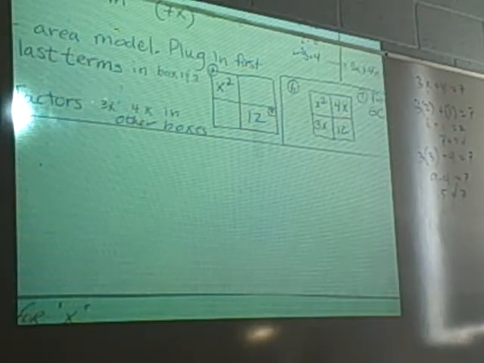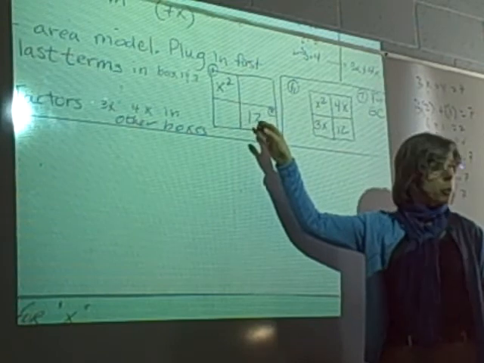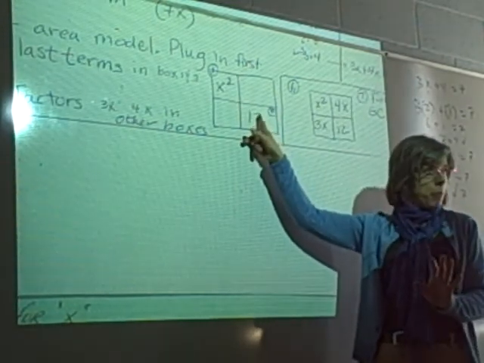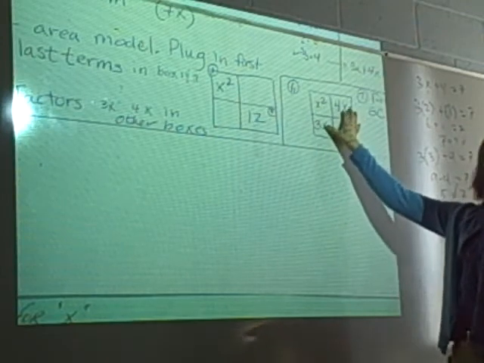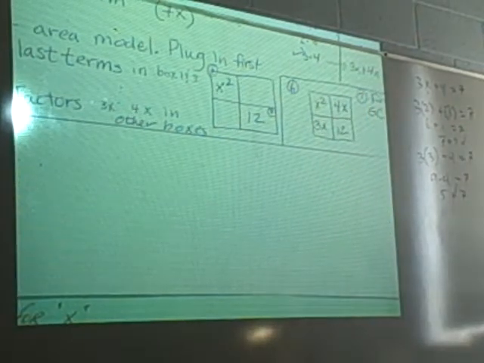That's why I'm teaching it to you. I think it will avoid a lot of confusion later on. Michael? Why'd you put it in a new box instead of the same box? I just moved it over to show you. So x squared goes in the first box, 12 goes in the third box, and then you plug the other 2 in. So that's what your finished box should look like, okay?